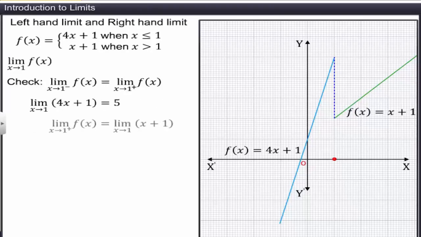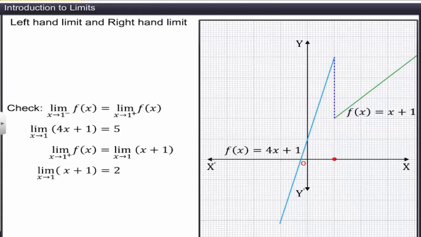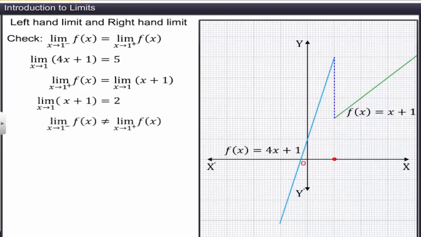Next, we will find the right-hand limit of this function. If we observe to the right of the point 1, the function takes the form x plus 1. The limit is equal to 2. We can see that the left-hand and the right-hand limits do not coincide with each other.